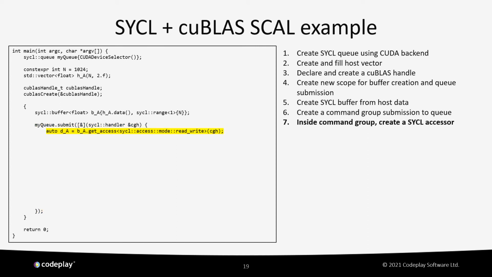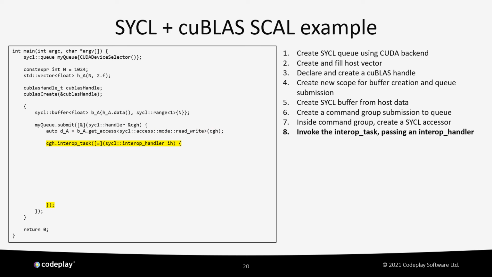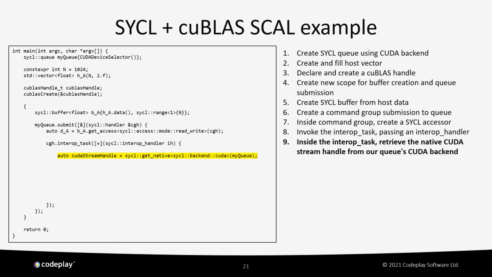Inside the command group, we create our SYCL accessor. Now we invoke the interop task, passing an interop handler. Inside the interop task, we retrieve the native CUDA stream handle from our queue's CUDA backend.